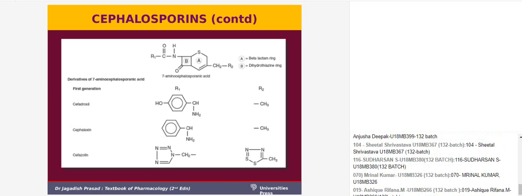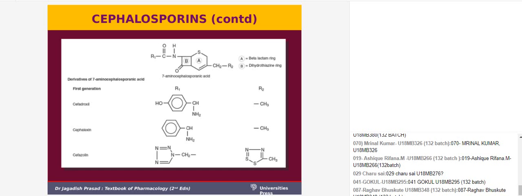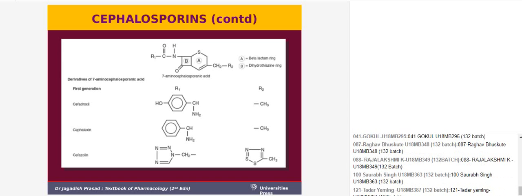So if you see that, it has a 7-aminocephalosporanic acid resembling the 6-aminopenicillanic acid, the nucleus of penicillin. The cephalosporin ring consists of a beta-lactam ring and a dihydrothiazine ring with possible side chains R1 and R2.